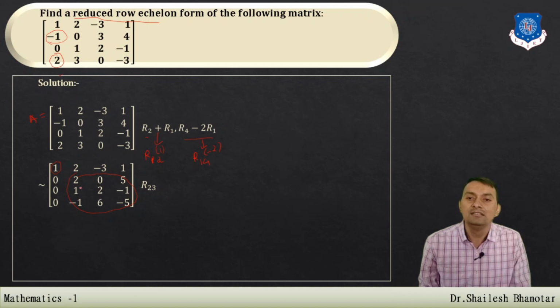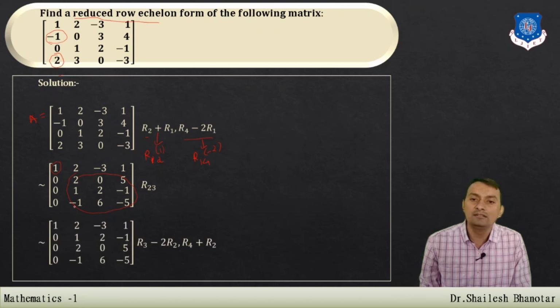In that case, in this column we will try to convert the entry into a leading entry 1, and therefore I'm going to interchange the second and third rows. When we interchange, we get this, and for simplicity the second row has a leading entry 1.